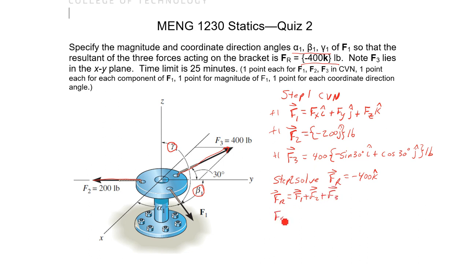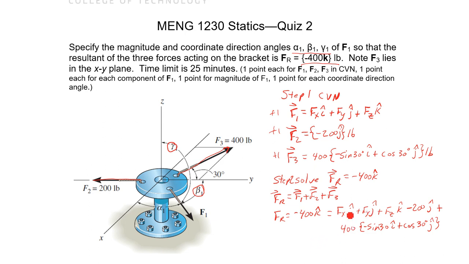So FR equals negative 400k equals F1, Fx i plus Fy j plus Fz k, minus 200j, there's F2, and then finally plus 400 times negative sine 30 i plus cosine 30 j.